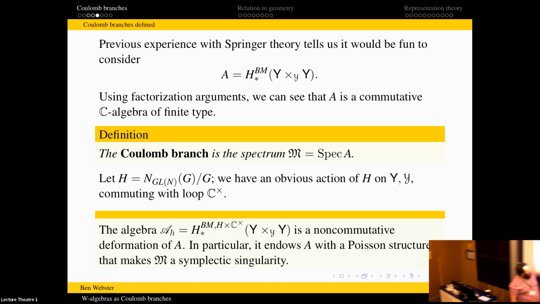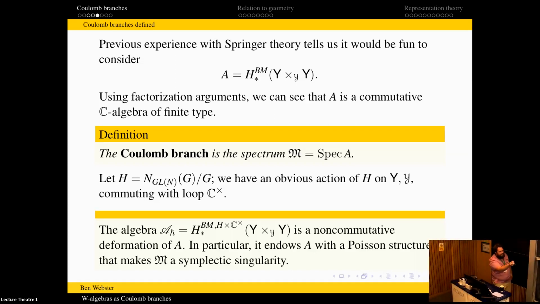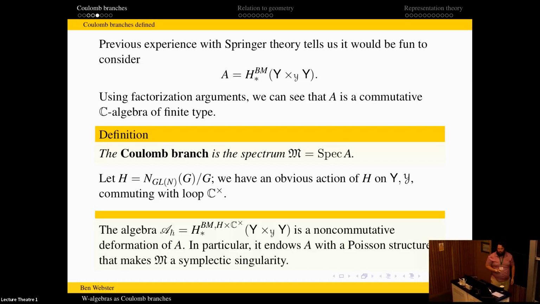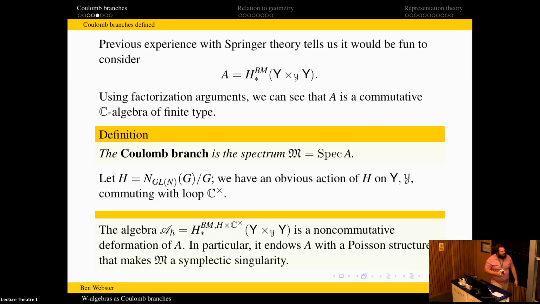When I do equivariant homology for a space, my baseline expectation is every basis vector in homology now gives me a copy of the equivariant cohomology ring of a point, assuming you're equivariantly formal, and I promise you this is equivariantly formal. So I get a deformation of my algebra, but it's now non-commutative because I'm using this rotation action, and I can't swap the two fillings in a way that's invariant under rotation.